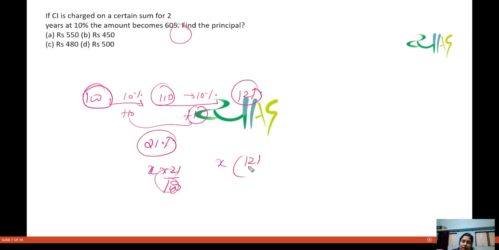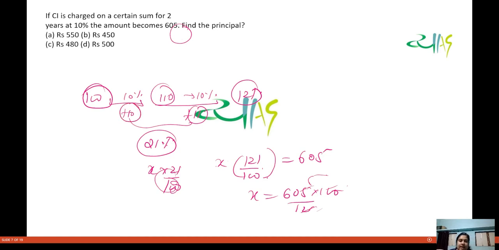So x into 121 by 100, because it is 21% more than your principal. So x into 121 by 100 is equal to 605. So x is equal to 605 into 100 by 121. Now you can obviously know that this is 500. So I hope you understand this.